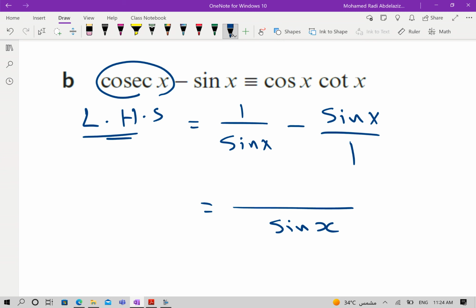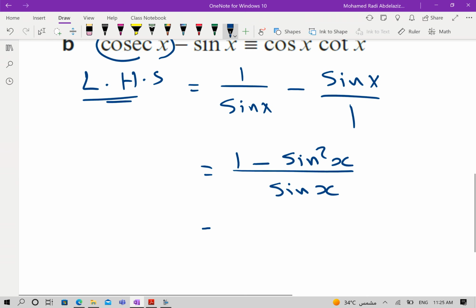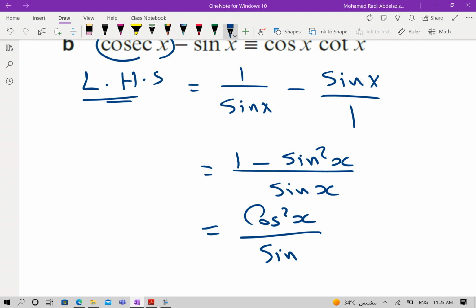And the cross will be 1 minus sine squared x. If you have 1 minus sine squared, you can write what? Cosine squared, from the same identity. Try to be flexible. If you have sine squared plus cosine squared, remove it and write 1. If you have 1 minus sine squared, get cosine squared. So remove 1 minus sine squared and get cosine squared x divided by sine x.